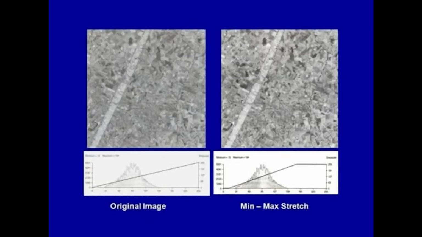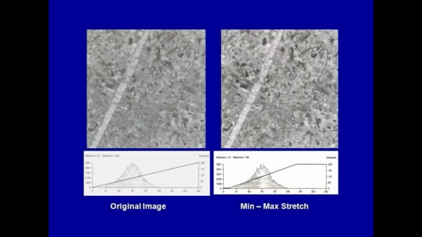Let us have a look at another image which has been subjected to min max stretching. In this particular image, one can see that this is an area where there is a lot of farmlands, and in between there is a road which is going.